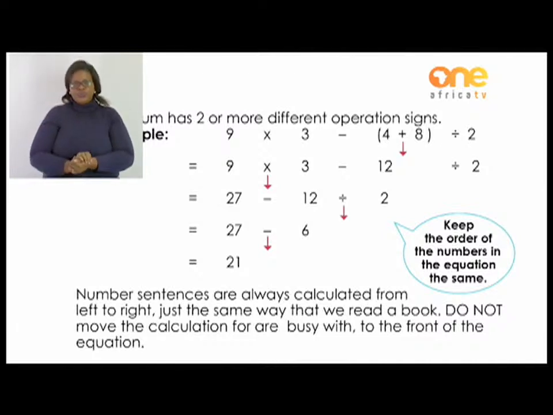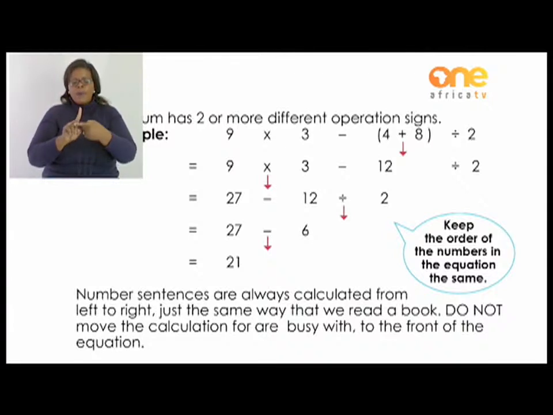What is the first operation that we'll do? According to BODMAS, we first find whether in the sum there are brackets. So the first operation we will do will be the operation in brackets. What do we have in brackets? 4 plus 8.